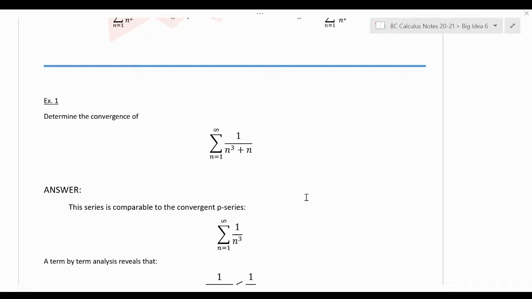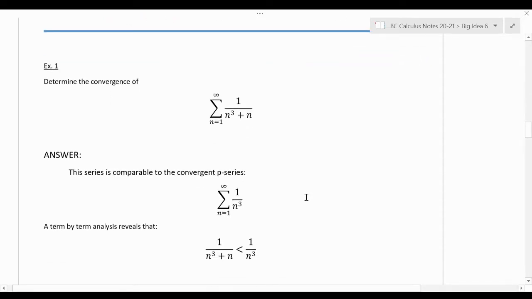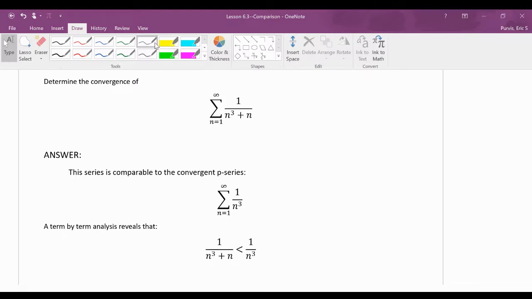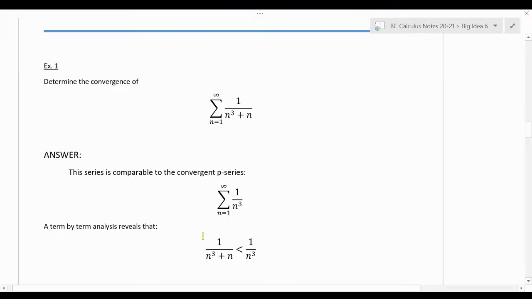So here's what we have to do with direct comparison. Looking term by term, 1 over n cubed plus n is smaller than 1 over n cubed, right? The one with the bigger denominator is the smaller fraction. So we just sealed it, didn't we?